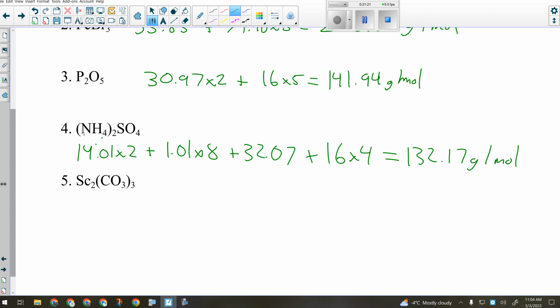And then for number 5, we've got scandium carbonate. There's 2 scandiums. 44.96 times 2 plus 12.01. That's my carbon, but how many are there? 3. So times 3 plus how many oxygen are there? 9.